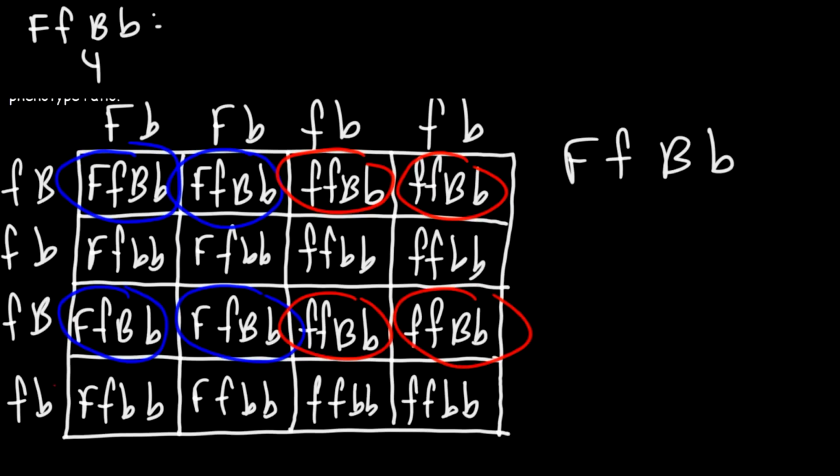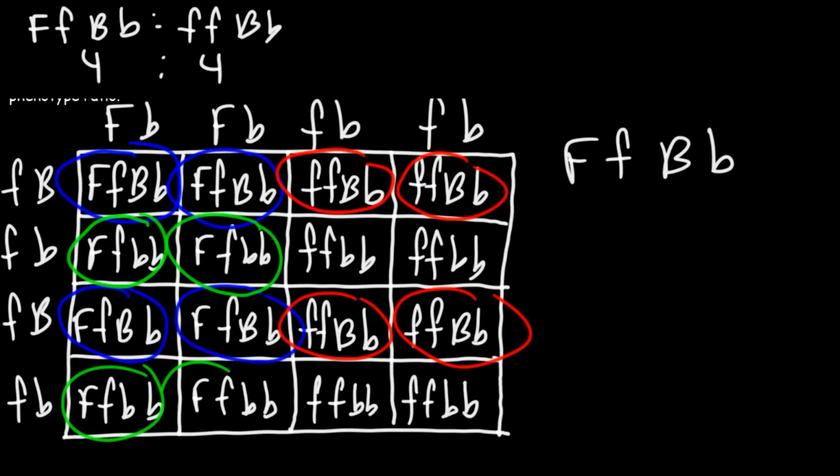And I see 4 of those. And then the next one is going to be big F, little b, little b. And so there's also 4 of those.